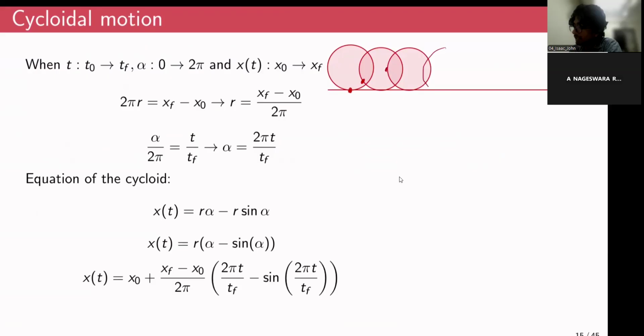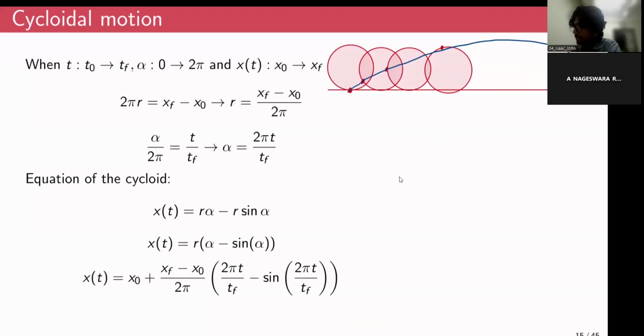And maybe at a different instance, it would be somewhere around here. So if you consider the locus of this point as the circle rolls one full revolution over the straight line, the curve would look something like this. The locus would look something like this, as the circle rolls.